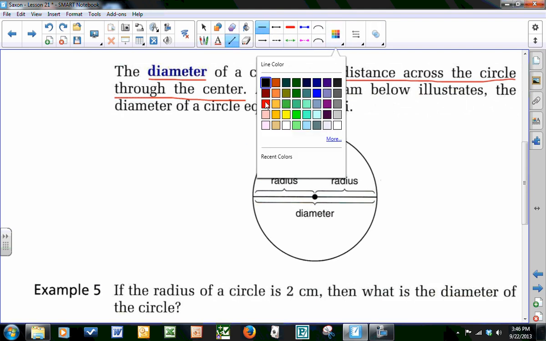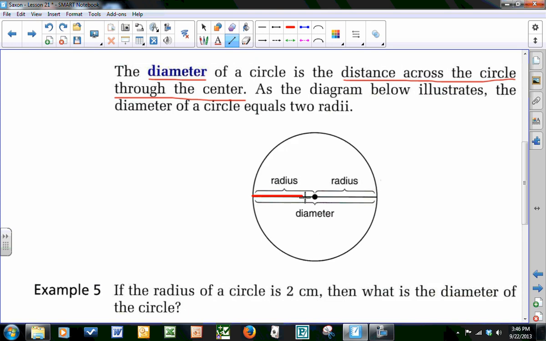And let me make it red so it really shows up. Your diameter is from one side straight through the center to the other side. That's the diameter. I'm going to underline it so you know that's the diameter. Side to side, straight through the center. That's not the diameter because it's not going straight through the center.